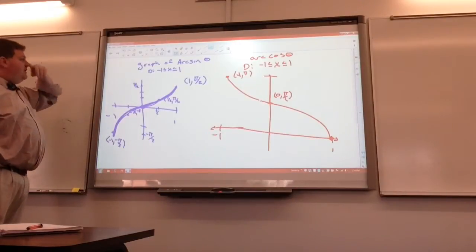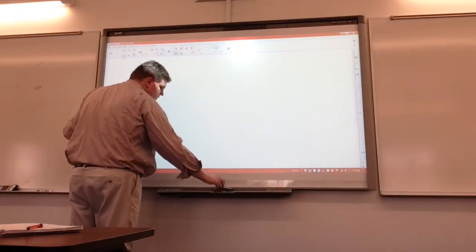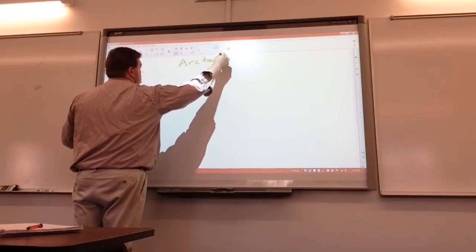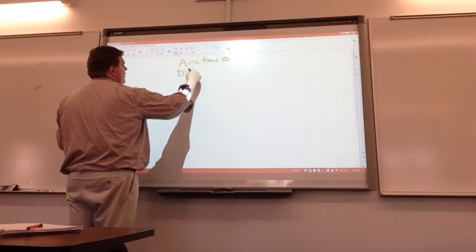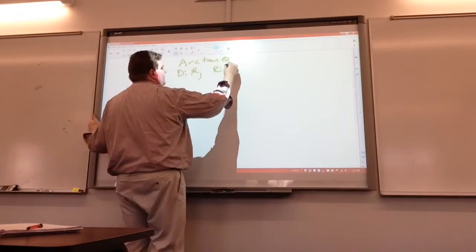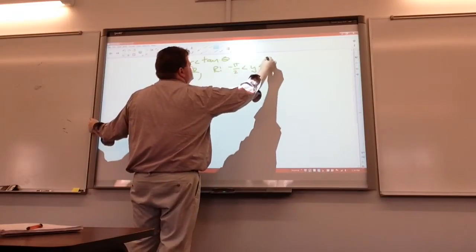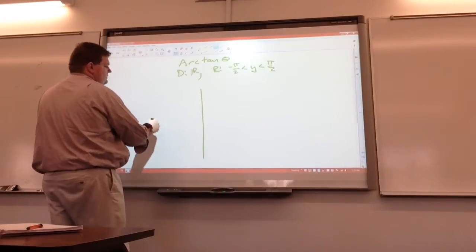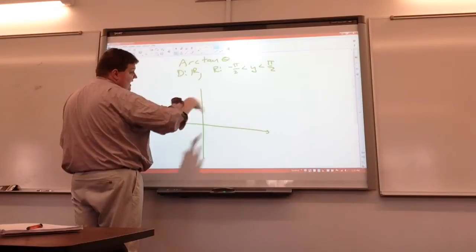We also have a graph for the arctangent. Remember its domain is all real numbers, but its range is from negative pi over 2 to pi over 2. So if I were to graph it, it would be super long, it's going to go everywhere.